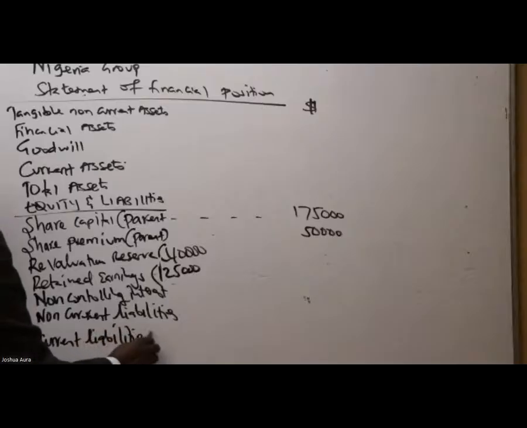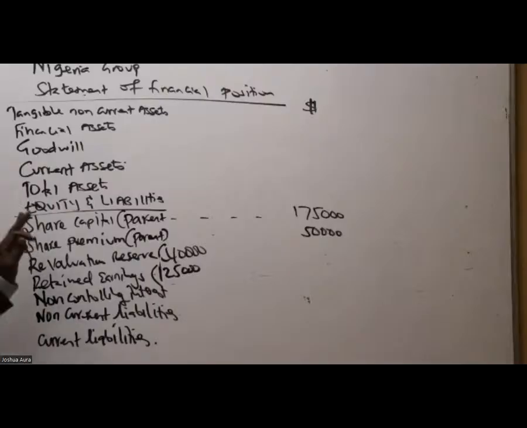Later on, I'll be bringing in the concept of a foreign exchange reserve, but let's do without it for now. That is very good. The moment you write like this, you'll end up getting so many marks without even knowing what you are doing. So we start with the first thing here, which is the tangible non-current assets.